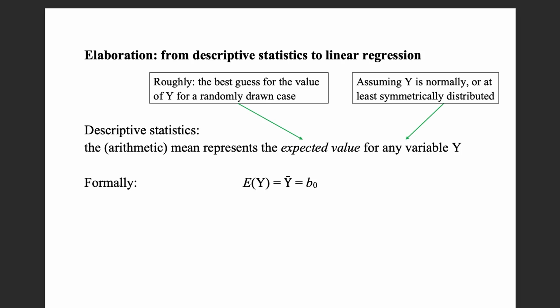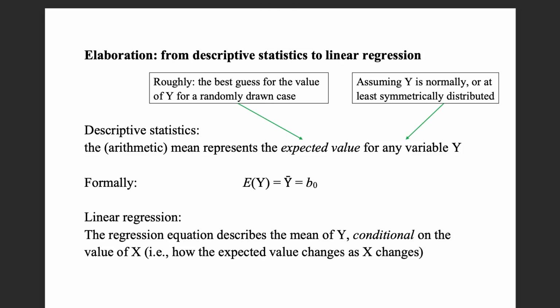As a matter of fact, sometimes the arithmetic mean is even referred to as the least squares mean. So really, a mean is already a type of regression model. It is a regression model where we have no independent variables whatsoever. So we just have a b0 value. That is what our mean actually is.